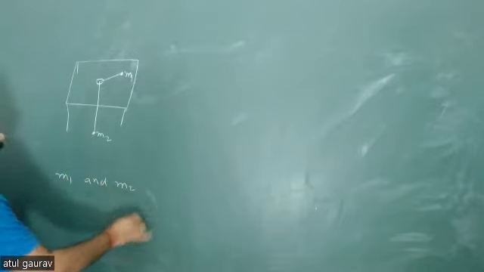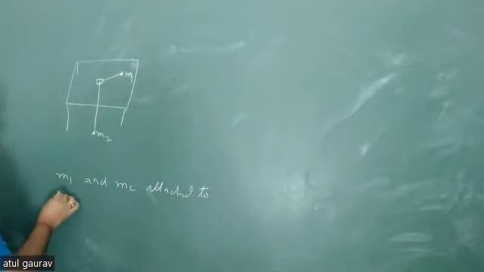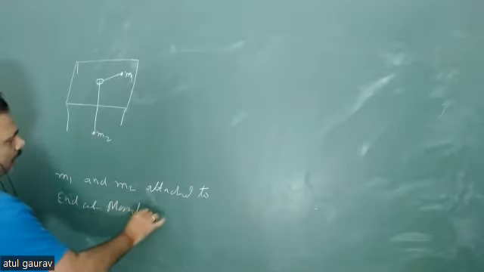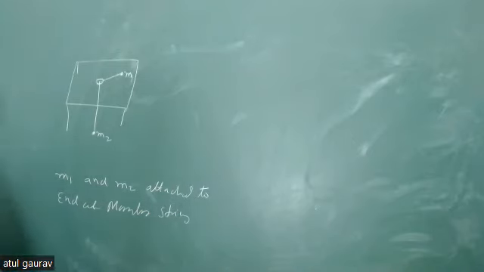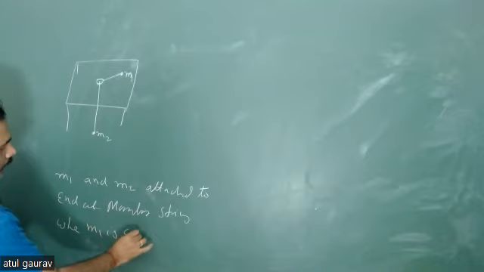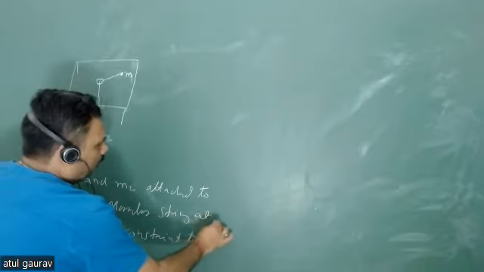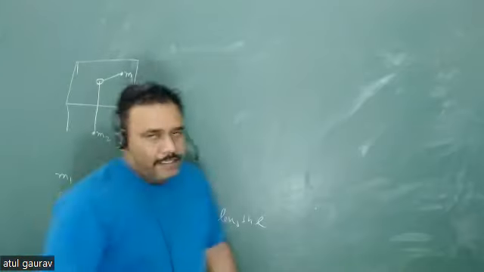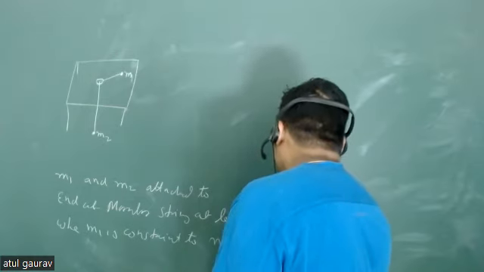M1 and M2 are attached to the ends of a massless string of length L. Where M1 is constrained to move on the surface of the table.